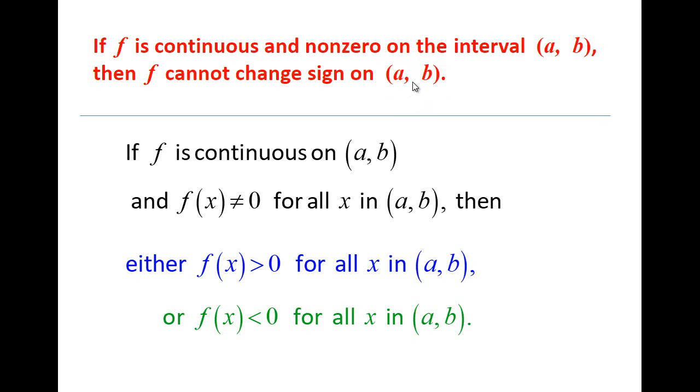So the graph must cross the x-axis, but then f would have a 0 at some point between a and b, but we are assuming that f has no zeros between a and b. So you can see why f must have a constant sign on this interval where it's continuous and non-zero.